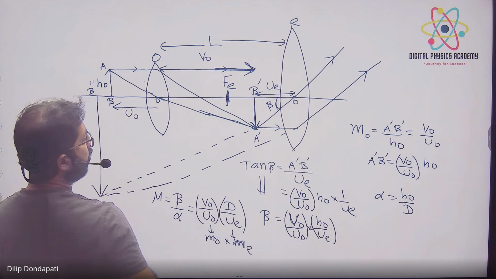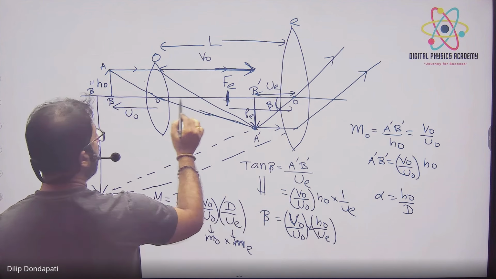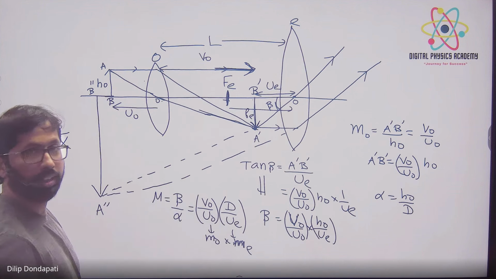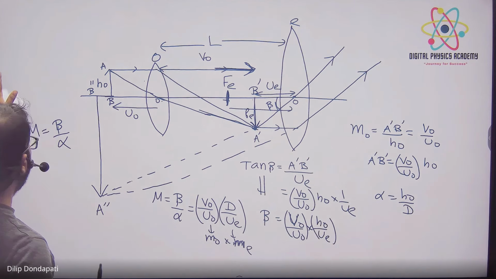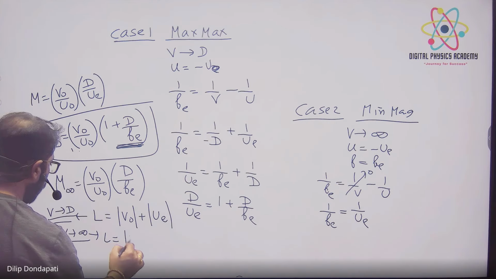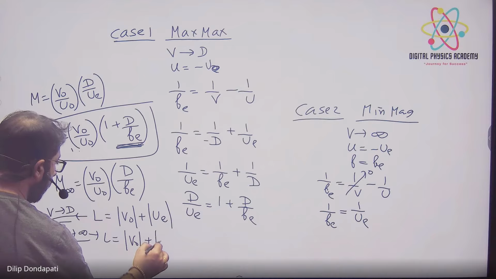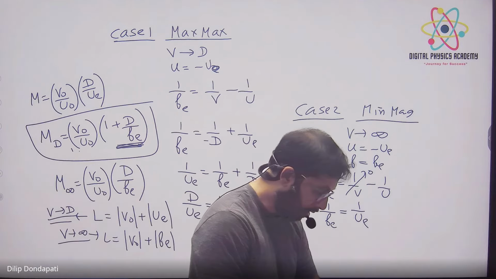From here to here it is called FE, and from here to here it is VO. So the length will be mod VO plus mod FE. If the image is formed at infinity, length is equal to mod VO plus mod FE. Very important. You should see whether the image is formed at infinity or at the normal distance D.